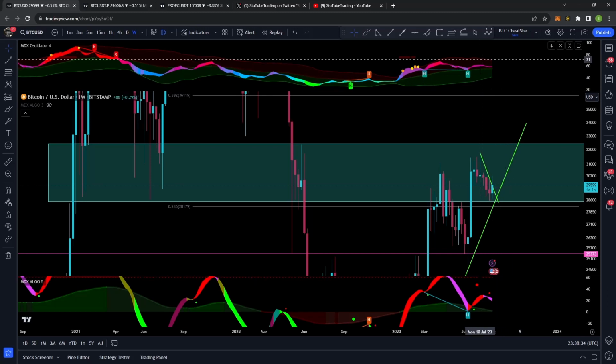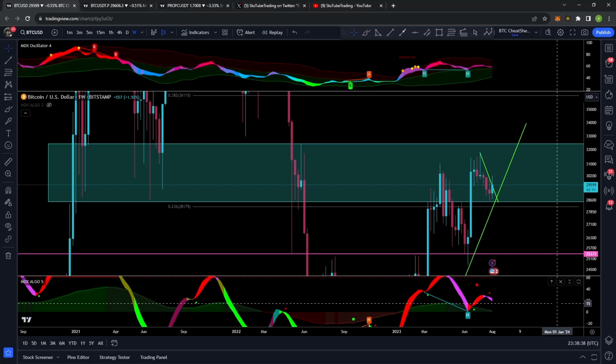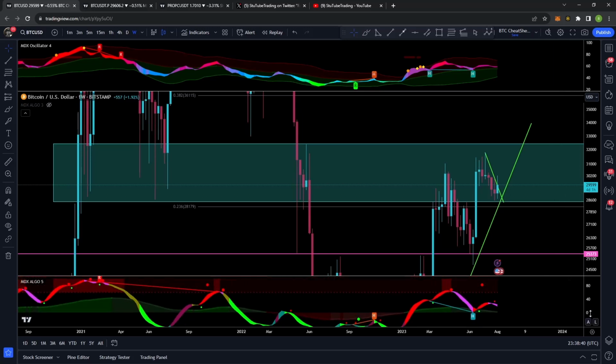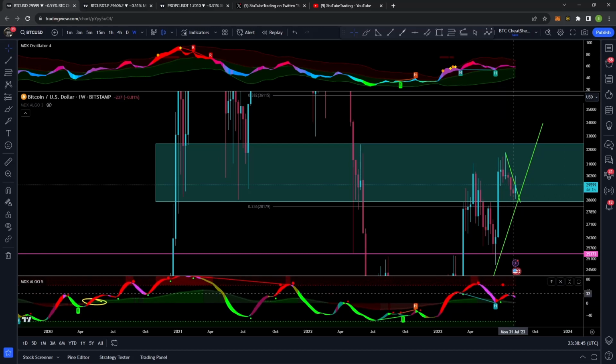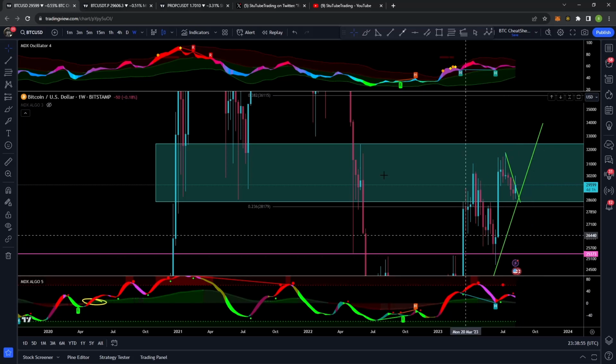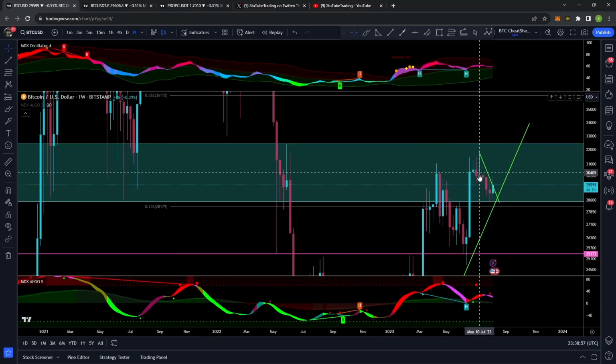It's by no means looking like it has to be seriously overbought or anything like that. Oscillator 5 too. Yeah, there's this little red dot here. But that move may have already happened. And again, it's not like seriously overbought or anything, kind of in no man's land. So yeah, the weekly doesn't look so bad to me.